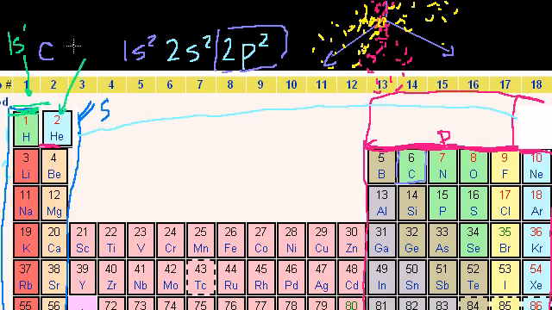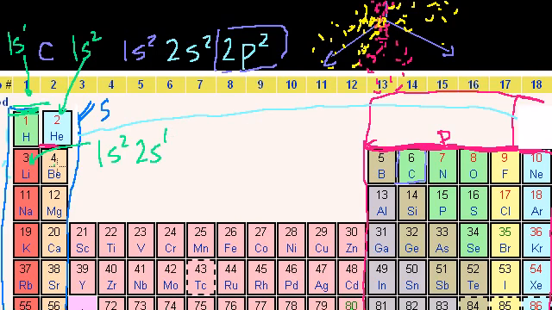The configuration of helium is 1s2. And then you start filling the second energy shell. The configuration of lithium is 1s2, that's where the first two electrons go, and then the third one goes into 2s1.